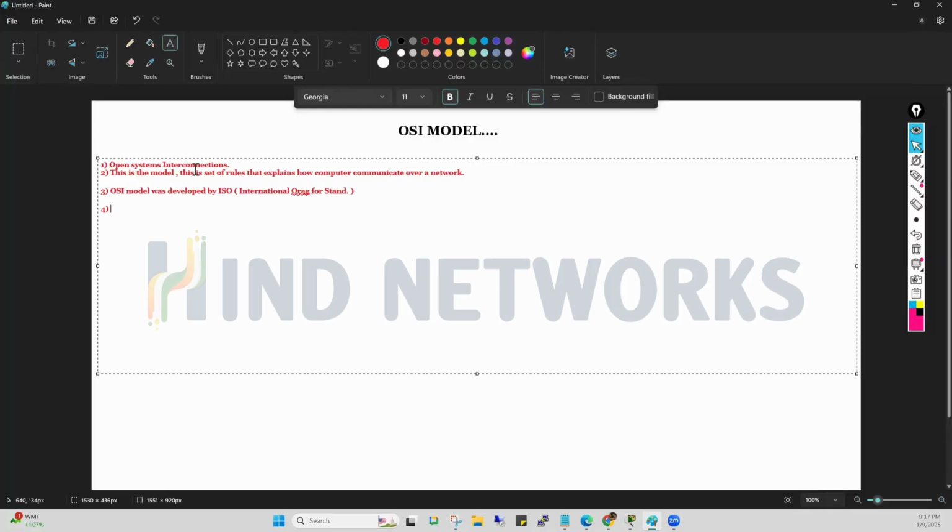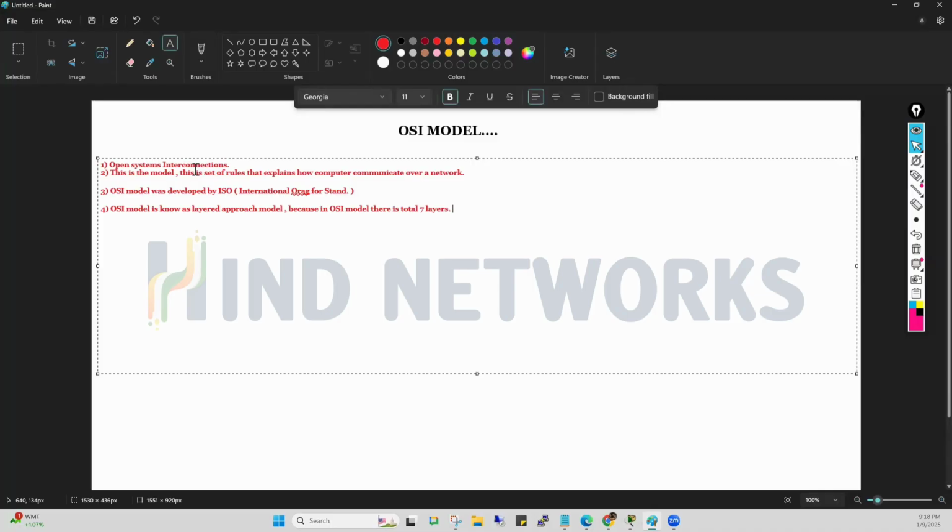The fourth point you need to understand is that the OSI model is known as a layered approach model. Why is it called a layered approach model? Because in the OSI model there are a total of 7 layers. How many layers, guys? Total 7 layers. Clear?